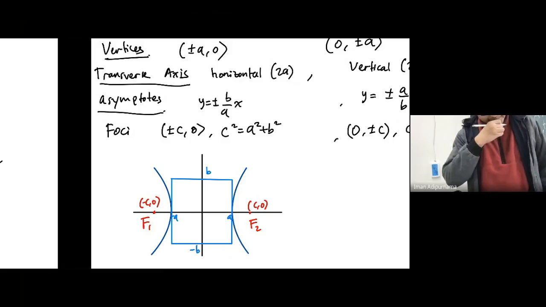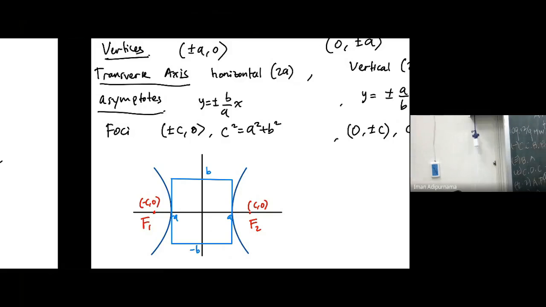So in the ellipse, your a and b are based on the vertical and horizontal lengths of the ellipse. In the hyperbola, you have the hyperbola on both sides like this, and you have the box in between. The box is actually not there; it's an imaginary box.